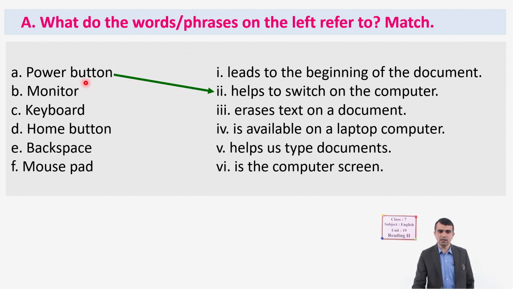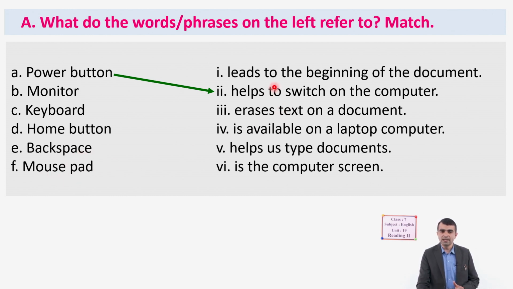So, this first part is words, okay, and second part completes them. Now, power button helps to switch on the computer. Monitor, keyboard, home button, backspace, mouse pad, okay.